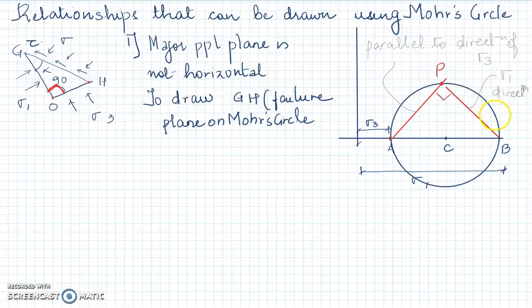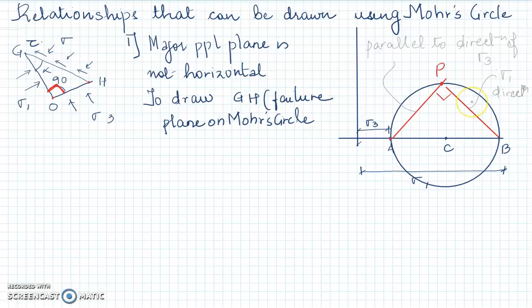Are you understanding why it will indicate sigma 1 direction? Because this is the direction perpendicular to sigma 3. Which is the direction perpendicular to sigma 3? Sigma 1. Right? That's why the first line is representing the direction of sigma 3.